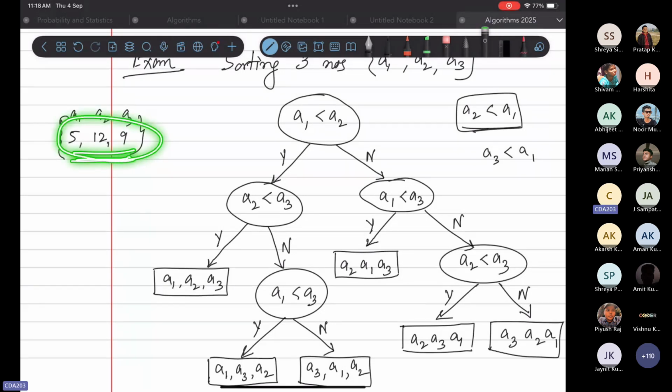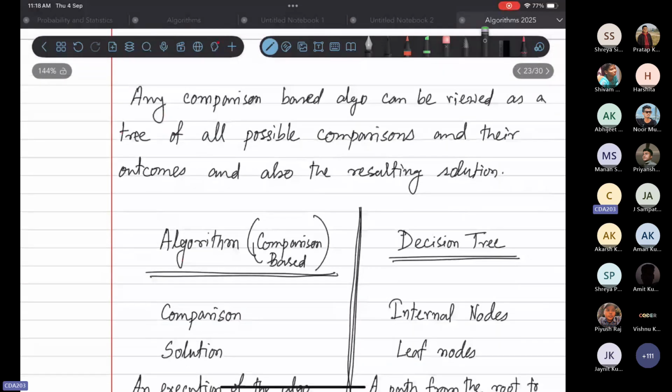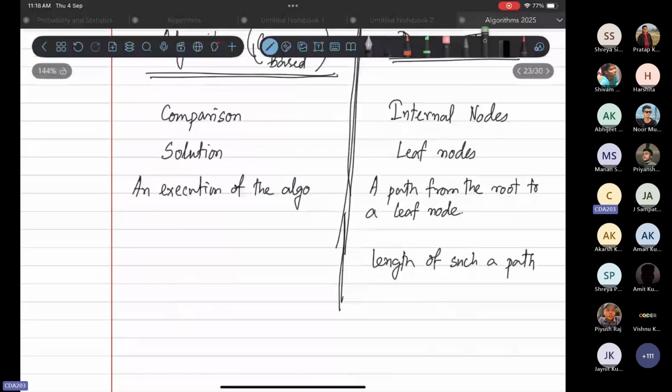Execution means first I compare these two, and I come here. Then I compare A2 and A3, then I go there. Then I compare A1 and A3, and I go there. This is one particular execution of this algorithm. That is what I said: a path from the root to the leaf node is representing an execution of that algorithm. Now, what do you call the length of that path?